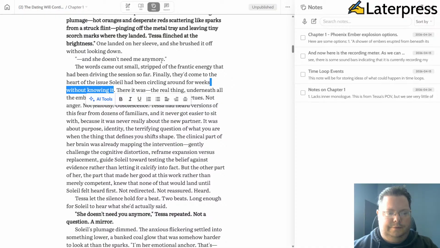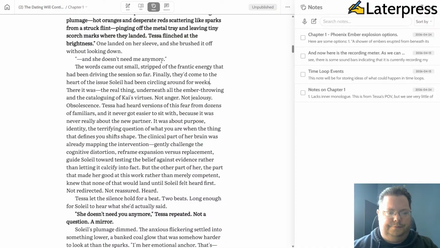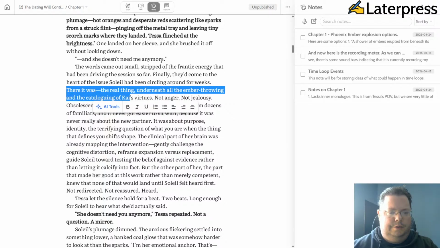Period. Ooh, no. Yeah, get rid of. So I don't like that where it was the real thing underneath all the ember throwing and cataloging of Kai's virtues, not anger, not jealousy, obsolescence. Let's get rid of this.